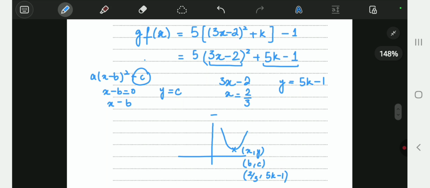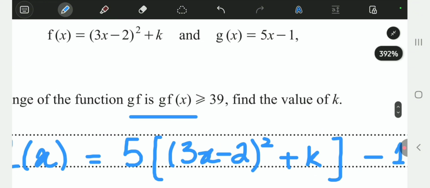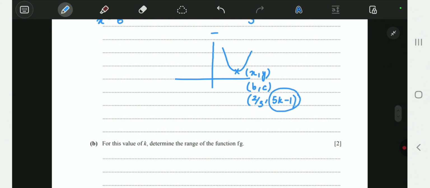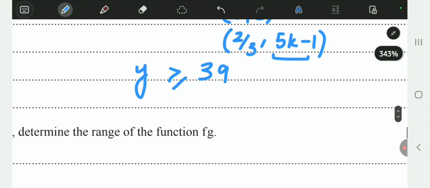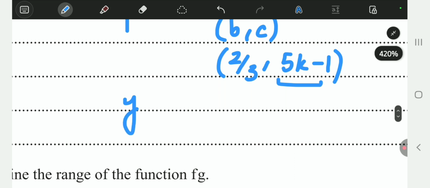Also, at the start they have given you the range of g of f of x, which is greater than or equal to 39. Range means the y values, the output values. So y is greater than or equal to 39, and the y coordinate of the vertex is 5k minus 1.